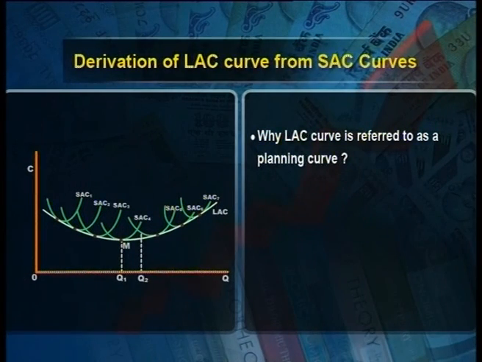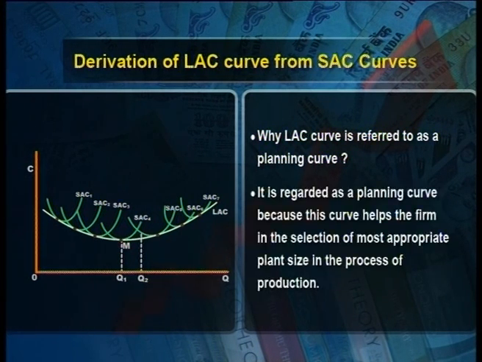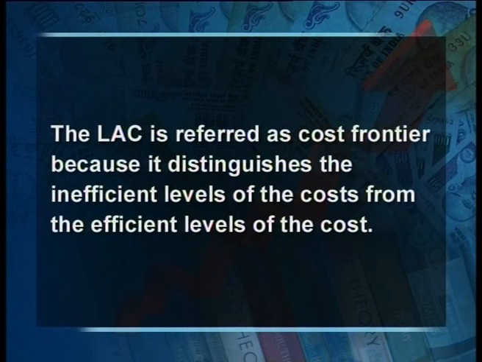Now, let us understand why the long run average cost curve is referred to as a planning curve. It is regarded as a planning curve because this curve helps the firm in the selection of the most appropriate plant size in the process of production. The LAC is referred to as a cost frontier because it distinguishes the inefficient levels of cost from the efficient levels of cost.